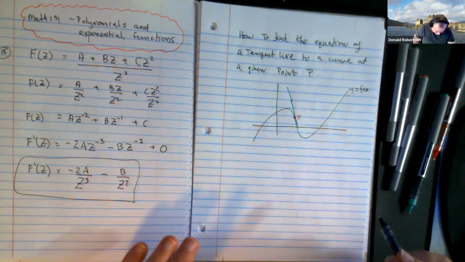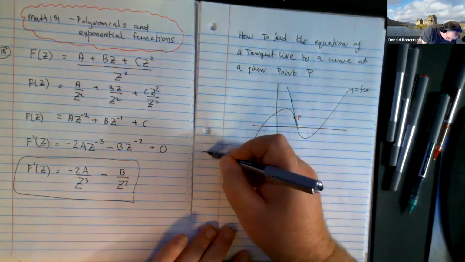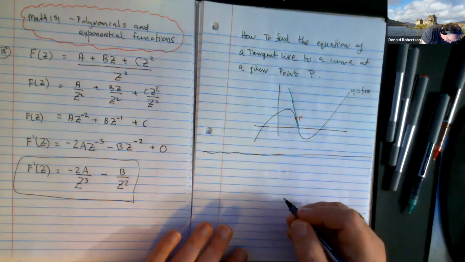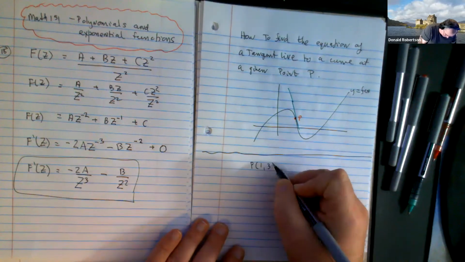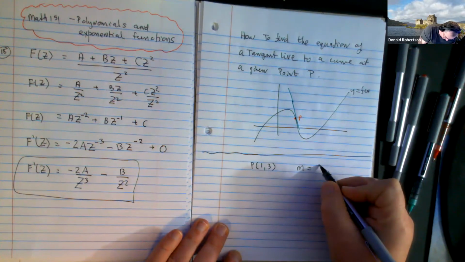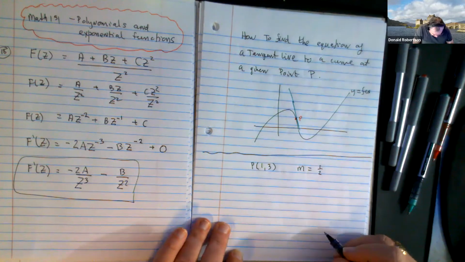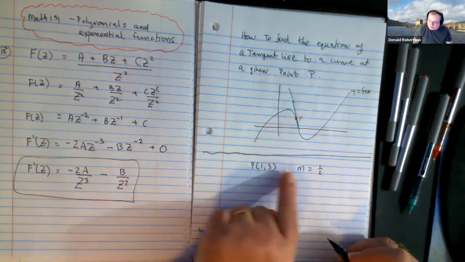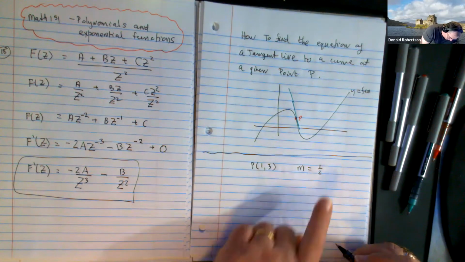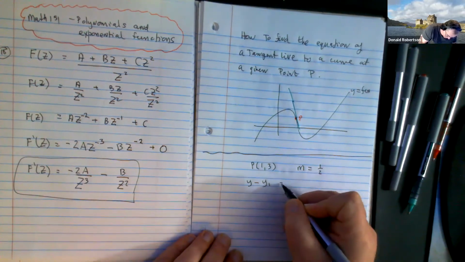Now, before we do that, I want to remind you of a formula, a piece of information you're going to use. If you have a point 1, 3, and you know the slope of that line is, say, a half, you can find the equation of a line that passes through a point with any given slope. And the formula is y take away y1 equals m times x take away x1.